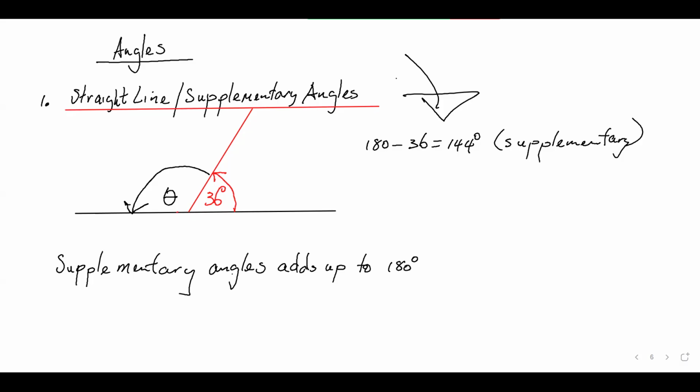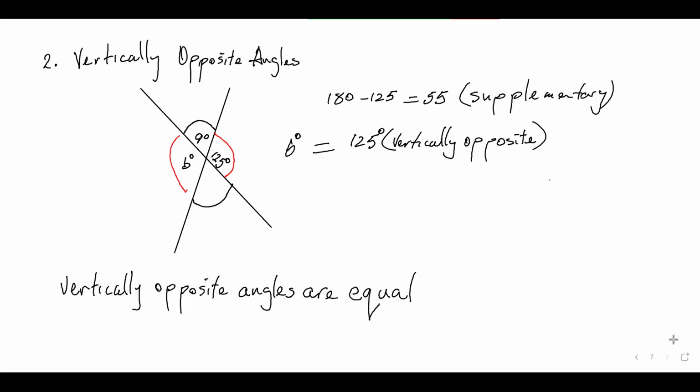But then we added to the line, people. And we said, first of all, supplementary angles add up to 180. But now we looked at vertically opposite. You must be able to see vertically opposite.